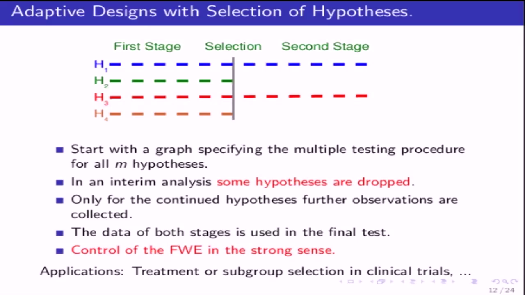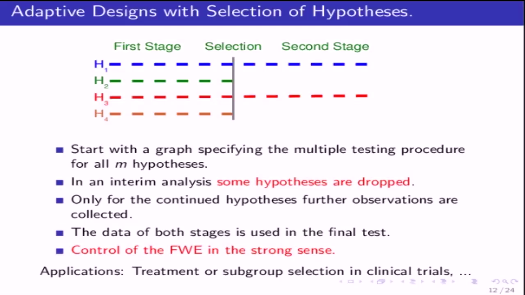Now we move onwards to adaptive designs. So adaptive designs, where we would like to change the design. So we start again with a graph, as we would do in a fixed sample design, where we specify our multiple testing procedure for all m hypotheses we would like to start with. And then, that's not so different, at an interim analysis, now we perform adaptations.